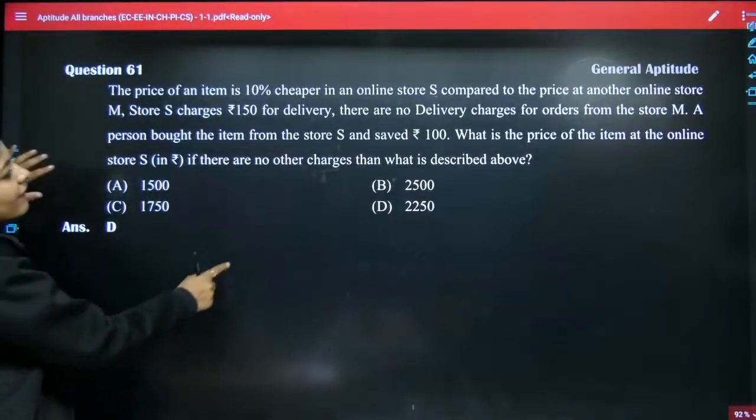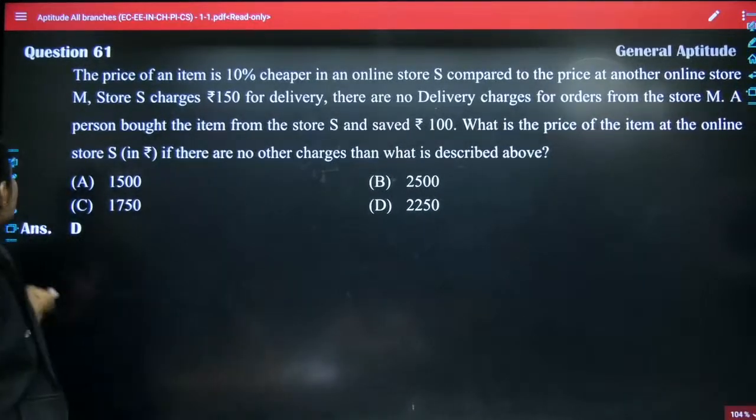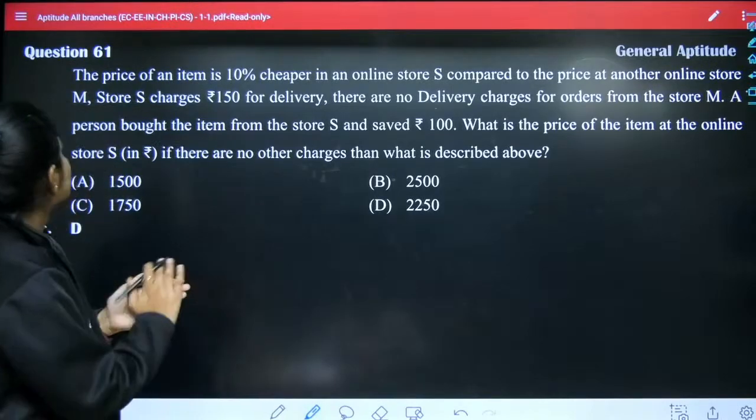Okay, here we have a question from the concept of profit and loss. What was the question?